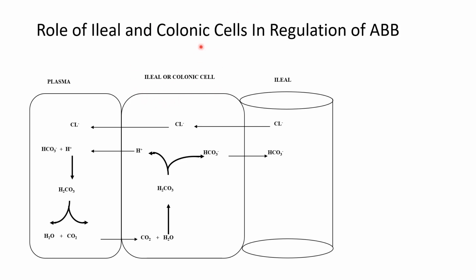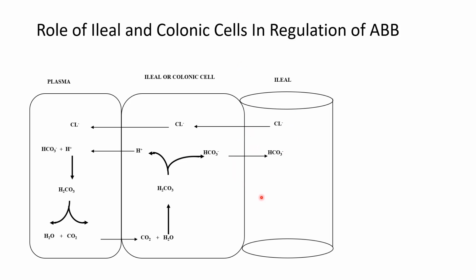So the ileal and colonic cells indirectly help to mop up excess bicarbonate in circulation while they are secreting the bicarbonate into the lumen to help in the digestion of food substances.